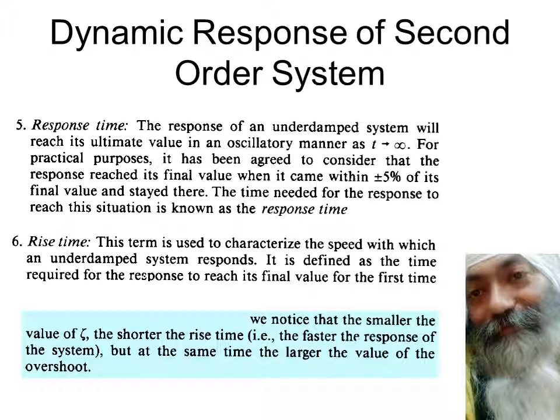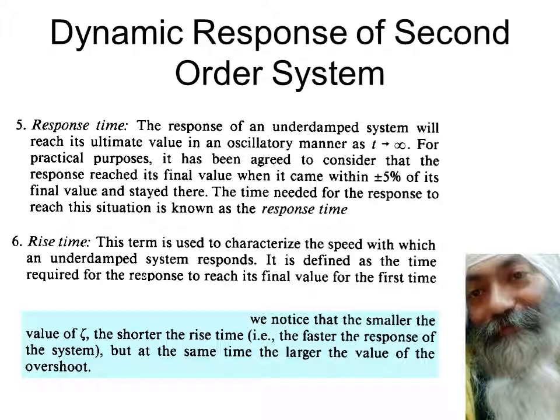But in case you want lesser overshoots, in case you want the thing to settle down quickly, in that case the system will be sluggish, and the rise time will also be larger. It means you have to make a compromise somewhere where the rise time is not very long and the oscillations are not very high.